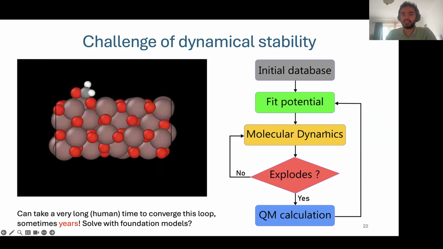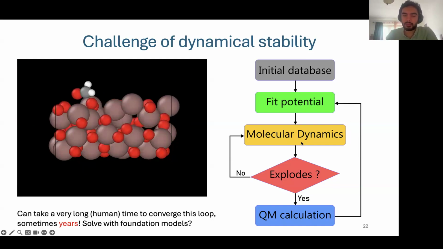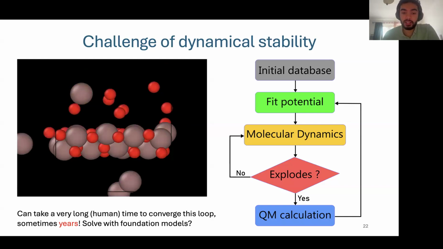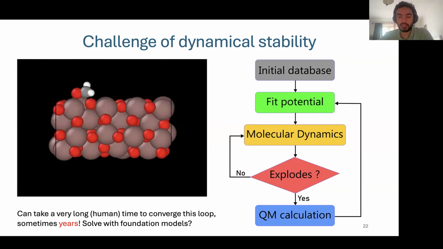Everything explodes. And then you're forced to take some frames of these explosions, redo some computations, add them to the database, and then try to redo dynamics. And this loop can take a lot of human time to converge, and actually it usually takes years to have a stable potential. At least it used to take years.